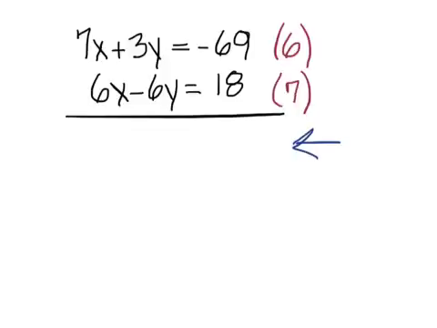So when I multiply the first equation by 6, can anybody tell me what it will change into? McDane, I thought you were going to answer that. You know, the first equation, if I multiply it by 6, what do I get? 42x.